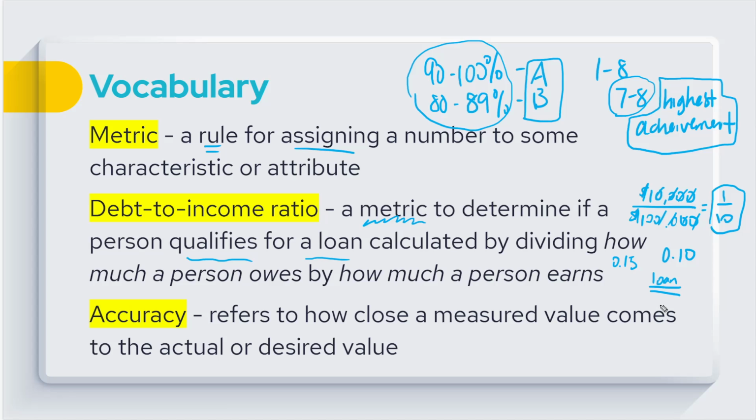Accuracy refers to how close a measured value comes to the actual or desired value. As I'm sure you have learned in science or just from experience in life, measurements are never completely true, right?